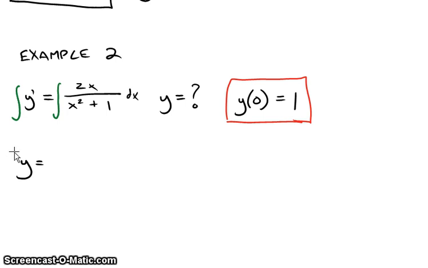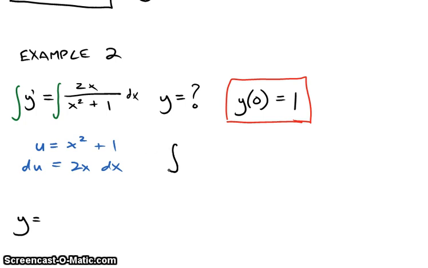We can just do a quick little substitution method for this problem. Substitution method is a powerful way of dealing with antiderivatives. Let's set the bottom equal to u. du then is 2x dx. We can rewrite this integral: we've got the x squared plus 1 on the bottom, that's my u, and then we have the 2x dx right there in the original integral, so that turns out to just be du.